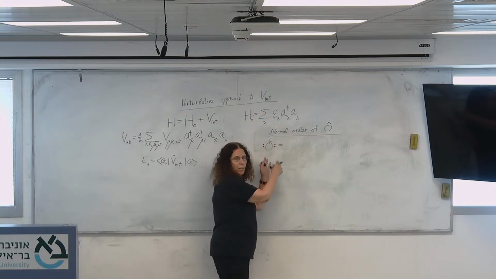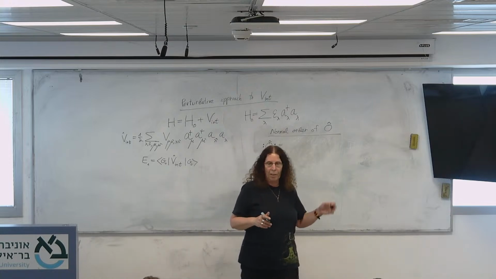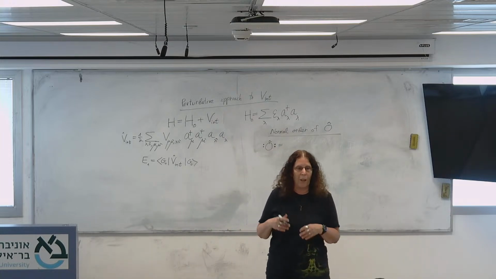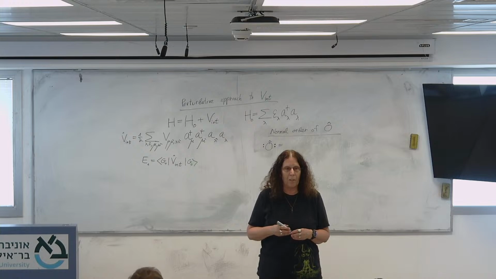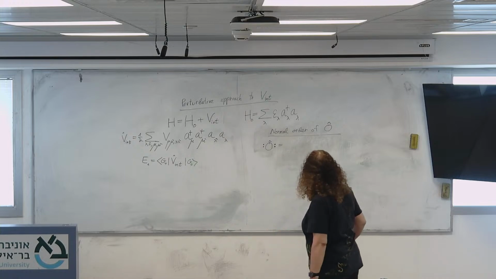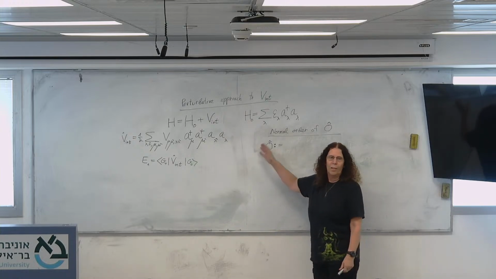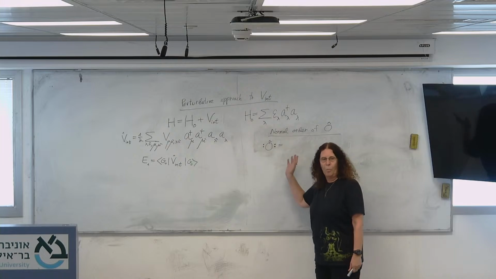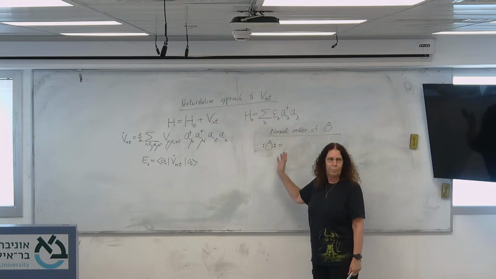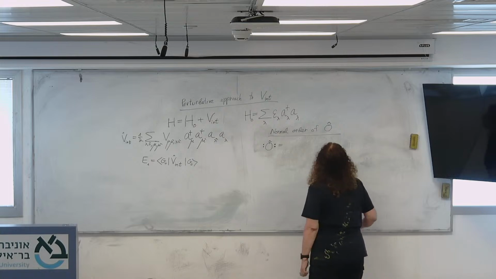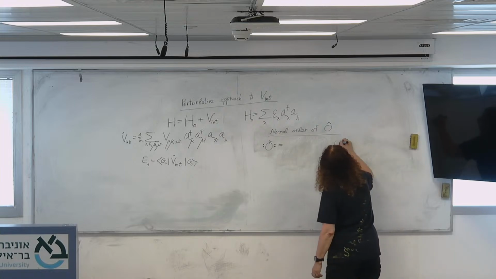Usually we write the operator as a product of creation and annihilation operators. So a normal order is when I put all the annihilation operators on the right. Okay? So let me define a general operator of this type.